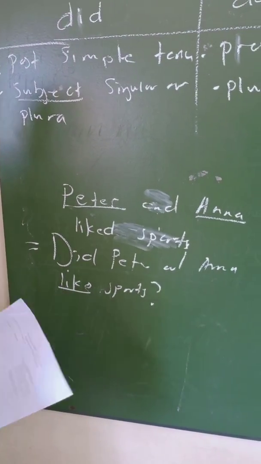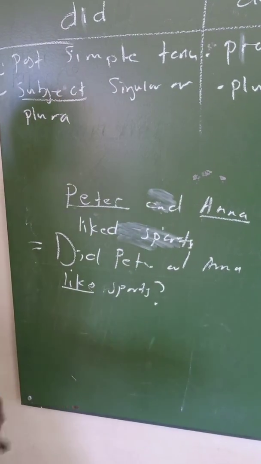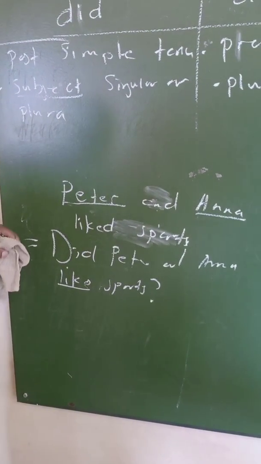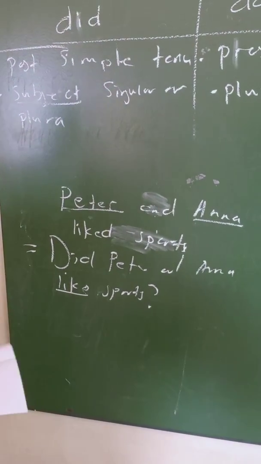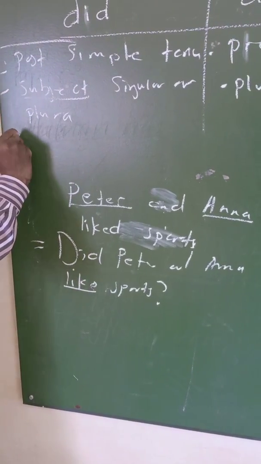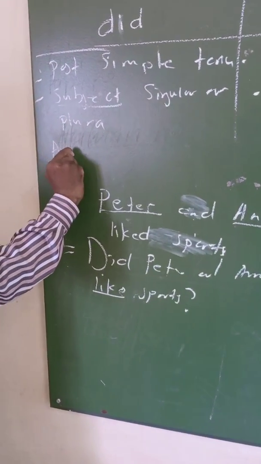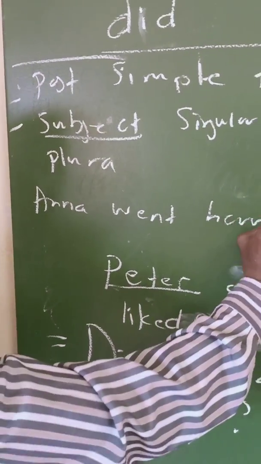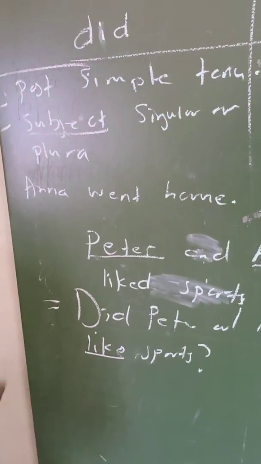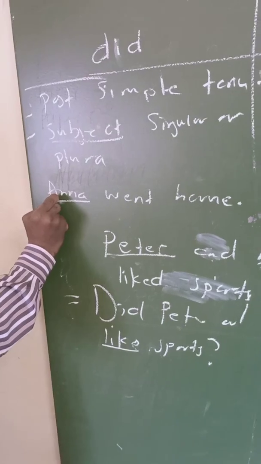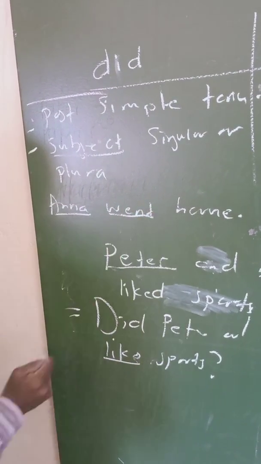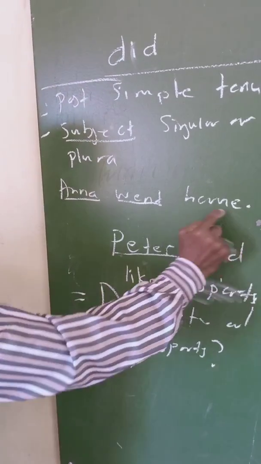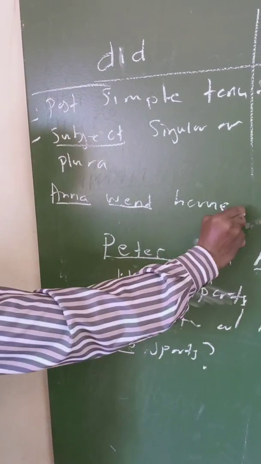Even if the subject is singular, for example, Anna went home. Let's look at this sentence. Anna is the subject. Went is the past tense of go, which means this sentence is in past simple tense.